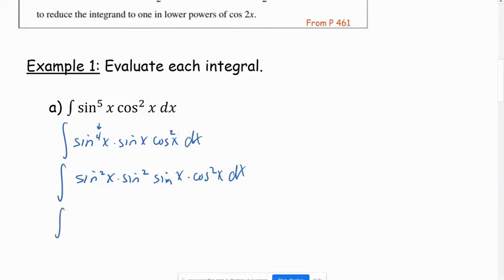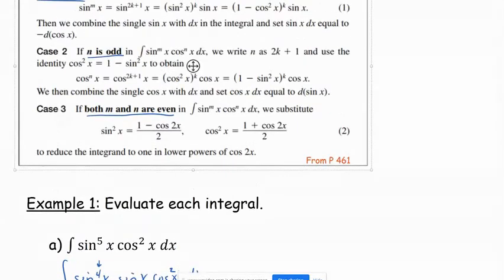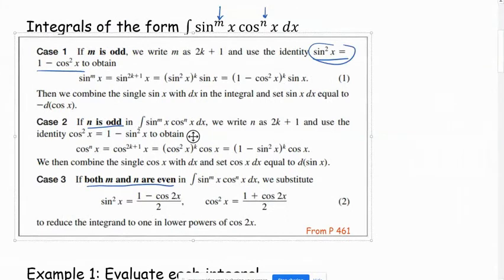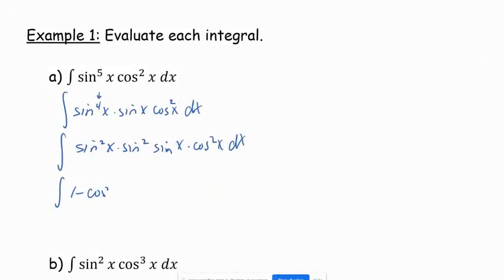Then each of these sine squareds can be written as 1 minus cosine squared, as was suggested up here. Case 1 says use this identity, sine squared x equals 1 minus cosine squared. So each of the sine squareds I'm going to replace with 1 minus cosine squared.